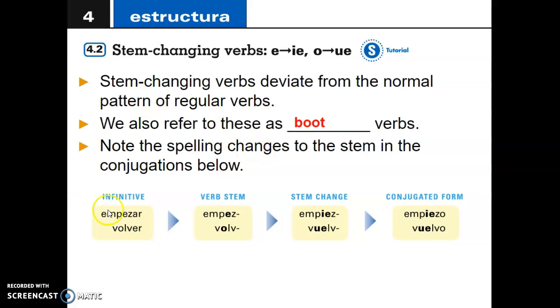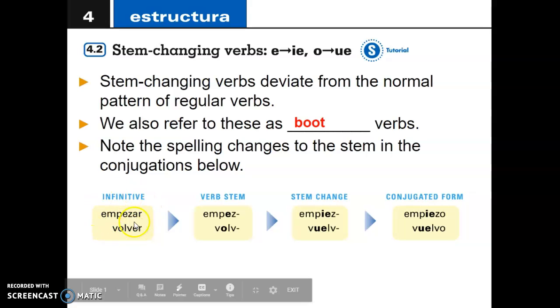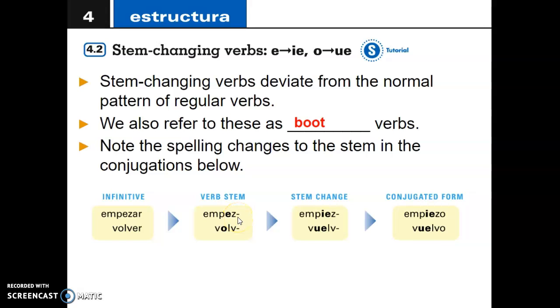For the infinitive we have empezar and volver. Remember, infinitives end with AR, ER, IR. They are not a conjugated verb. So then you just chop off the ending, empez. And then you normally would add o, as, a, amos, áis, an for AR verbs.